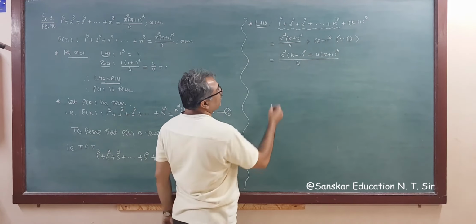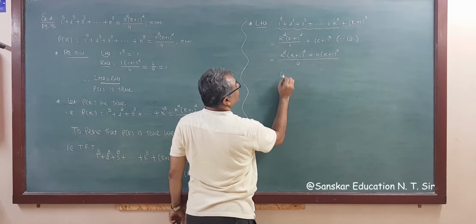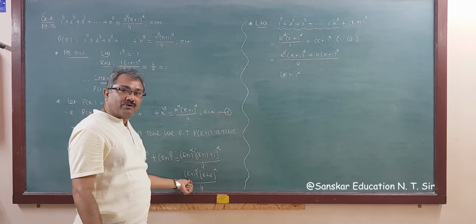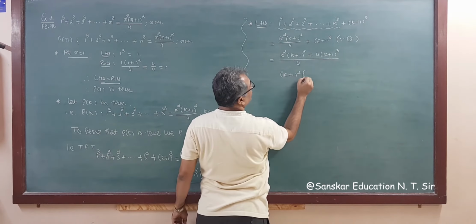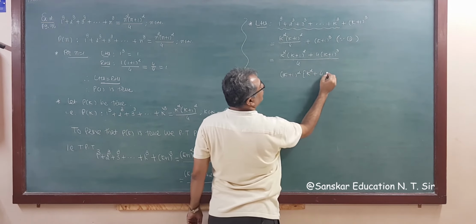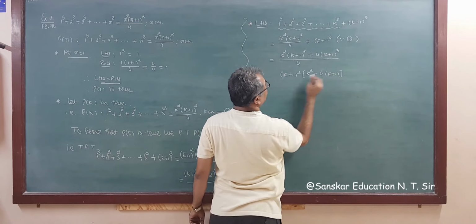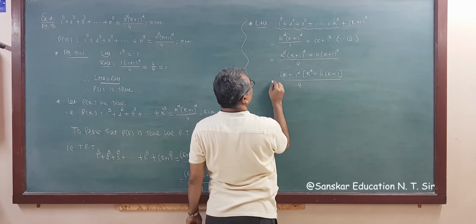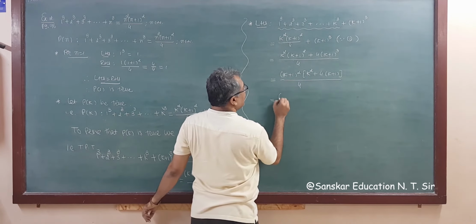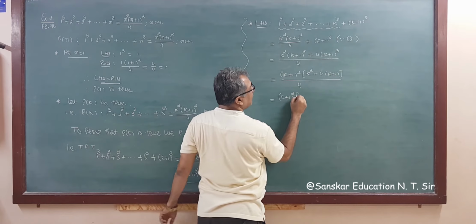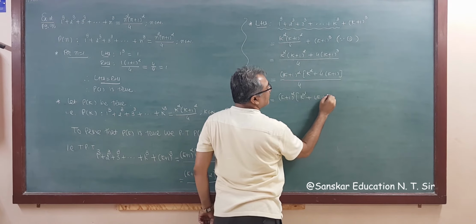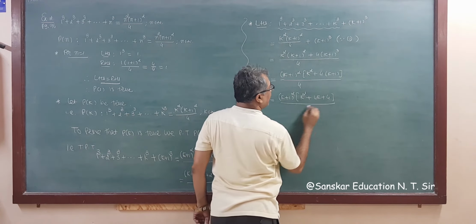So taking k plus 1 whole square common, the remaining term will be k square plus 4 times k plus 1, divided by 4. Now simplification of this. So this is k plus 1 whole square and this is k square plus 4k plus 4, divided by 4.